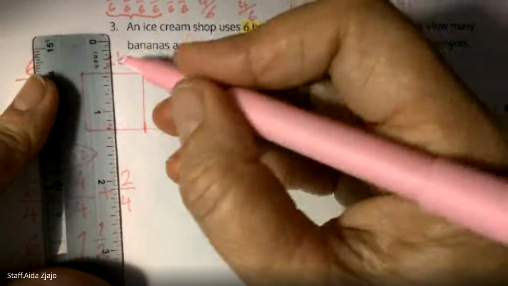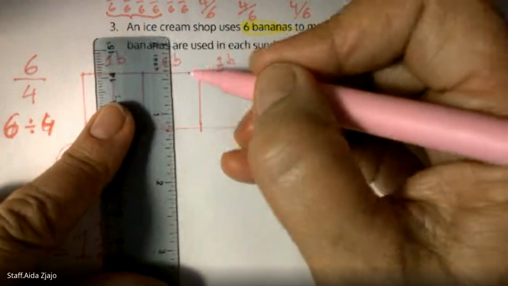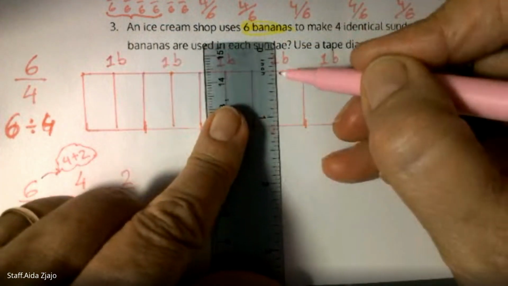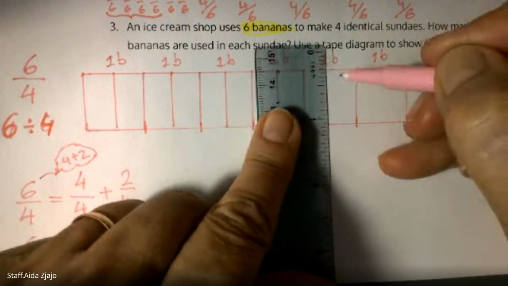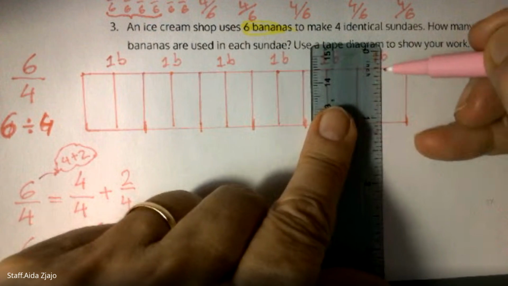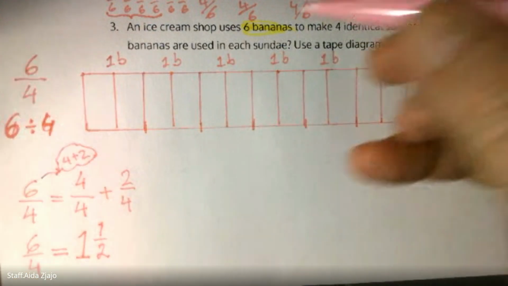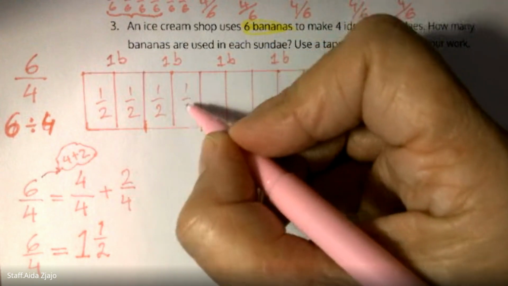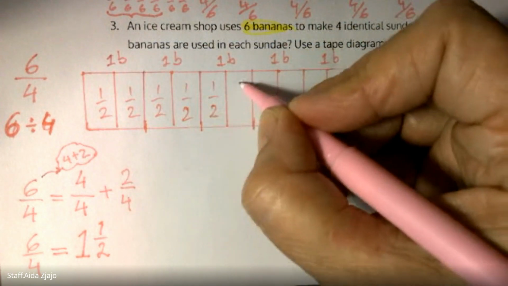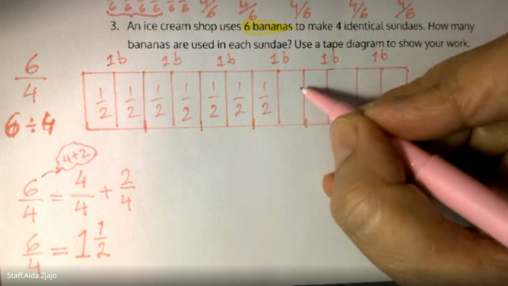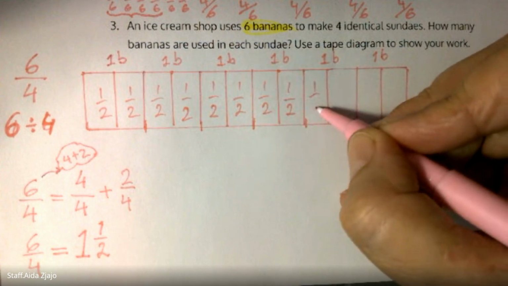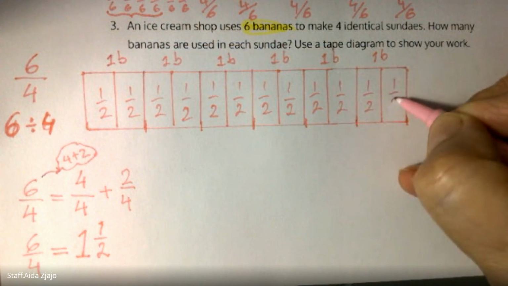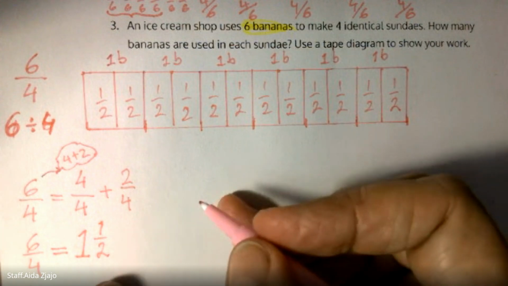So I'm going to cut each banana in half. The reason I do that is I can now use each half to represent sundaes, but I need 3 halves to make a sundae because 3 halves is 1 whole and 1 half.